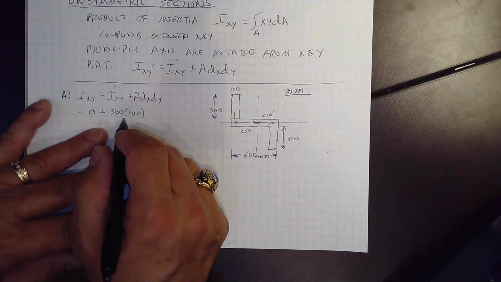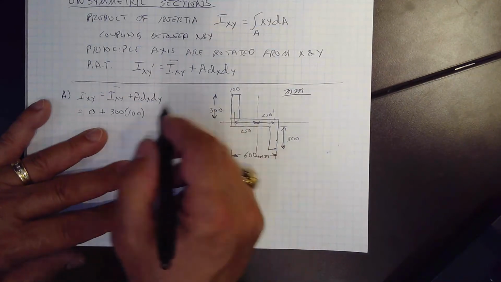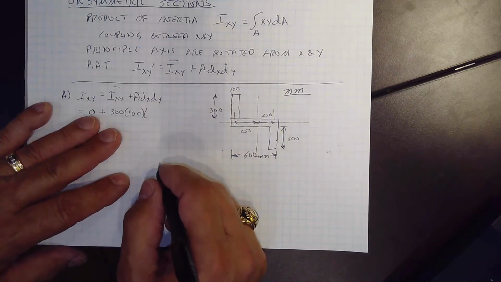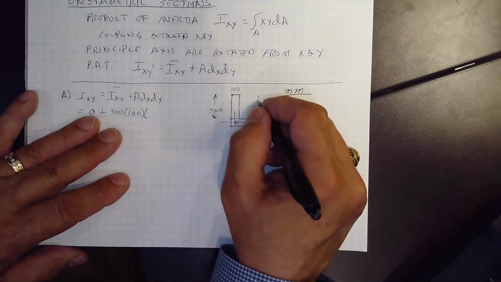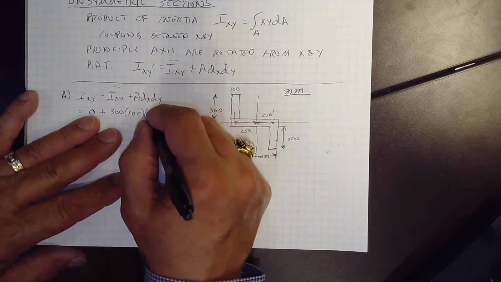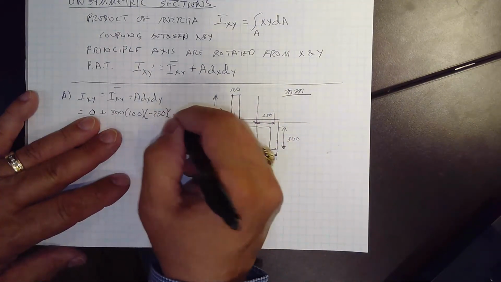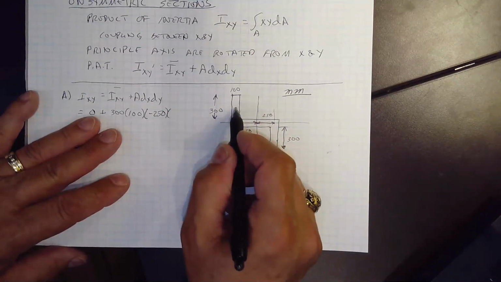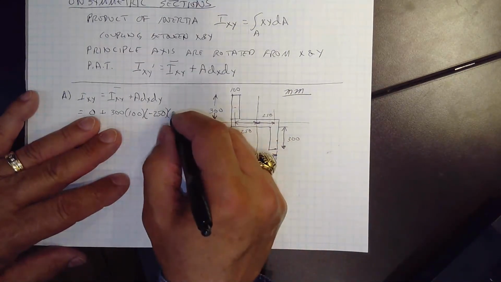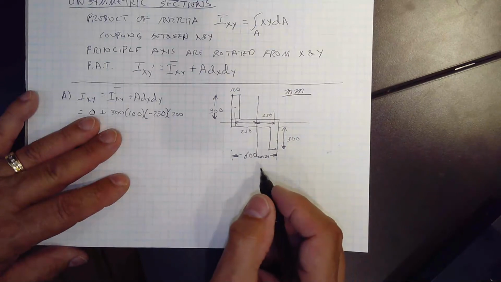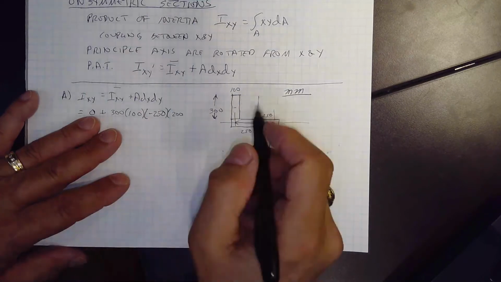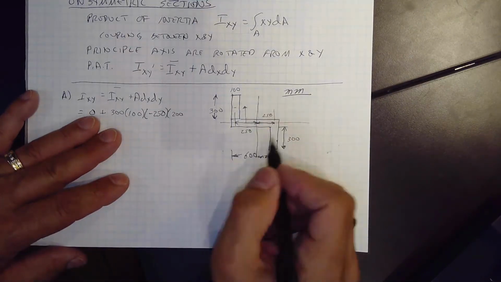So the area, it's 300 times 100 times dx. It's minus 250. If this is our axis system, we've got to go minus 250. And then we have to multiply by the other direction up to here, which is 200. That's from here to there.